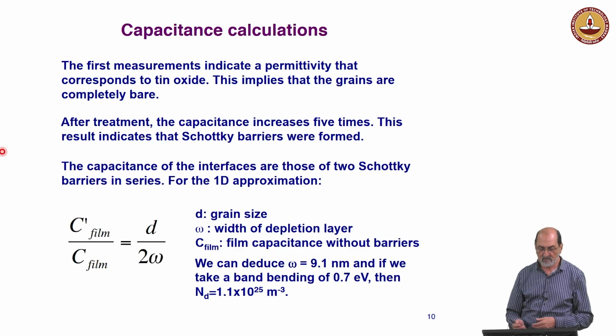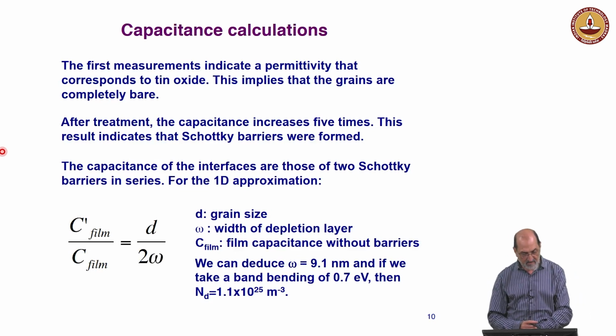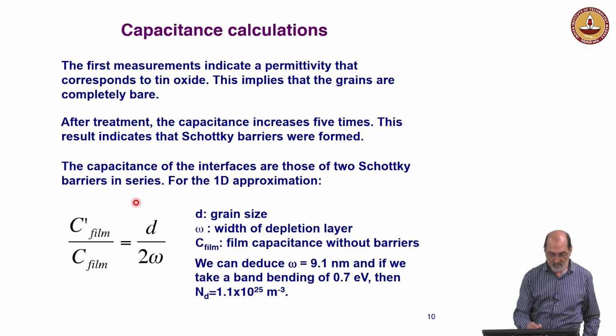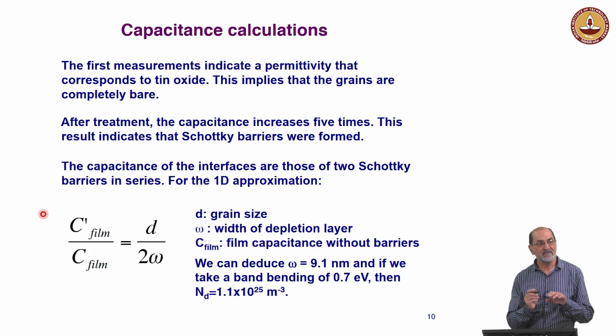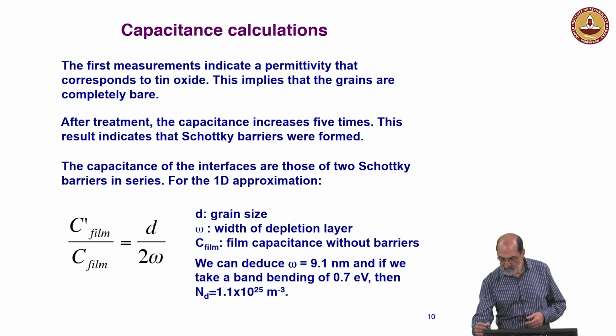So everything worked quite well, and eventually we could see what the ratio between the two capacitances was. When it's completely depleted, we have the bulk. So we can make just these numbers.